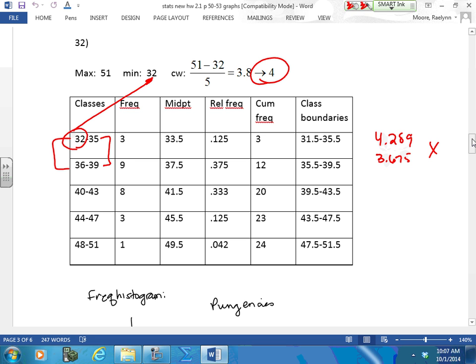If you rounded this to 3, you're gonna miss your last data entry. So that rounding up makes sure that you catch that last data entry. And you know your groups never overlap. We do our class boundaries to make them meet, but they don't overlap. Okay?